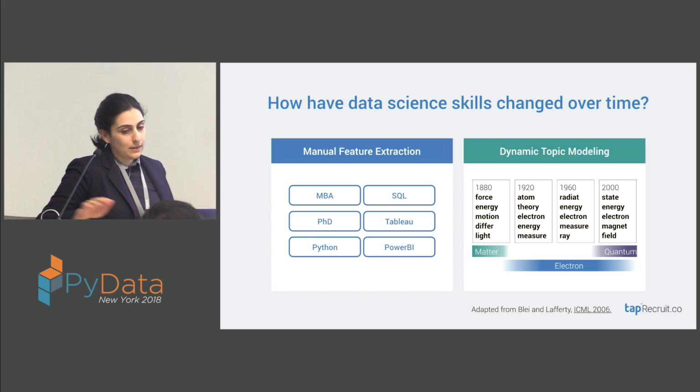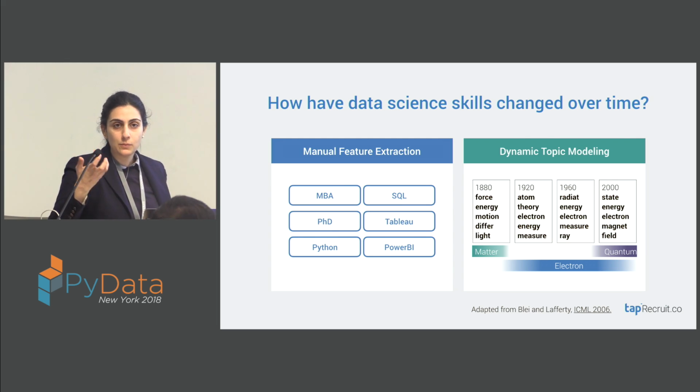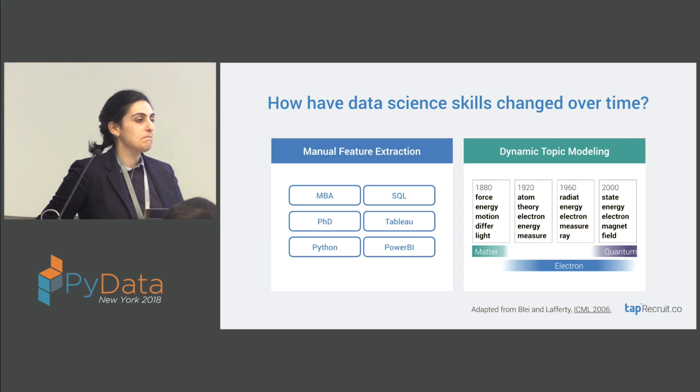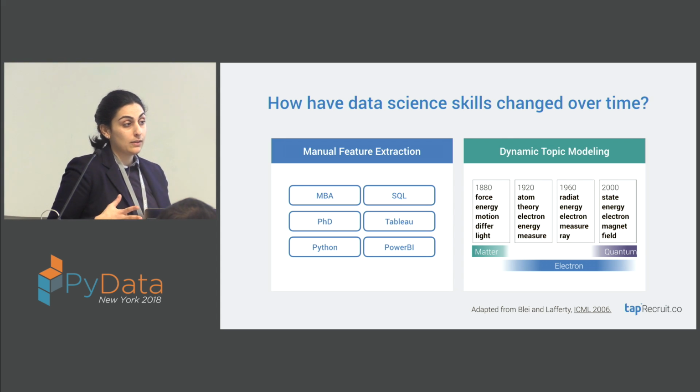The other end of things is dynamic topic modeling, which is a little less manual. So basically you break down documents into bags of words, and you don't care about what order they come in. It's a matter of how much these words co-occur over time and how important they are in the process.